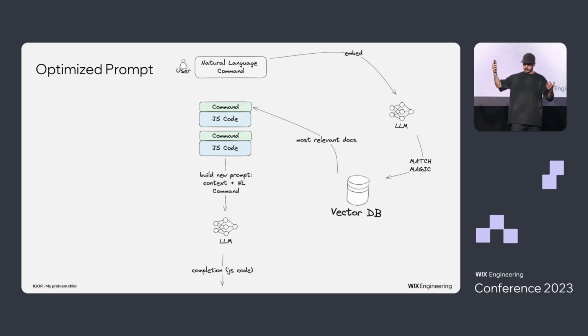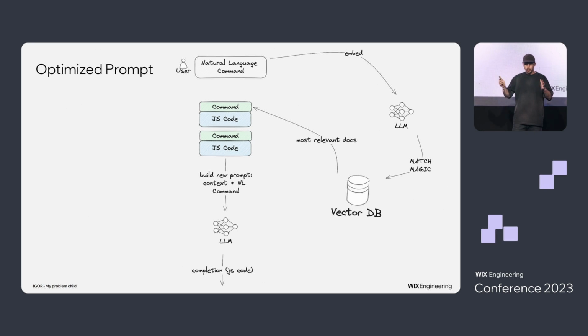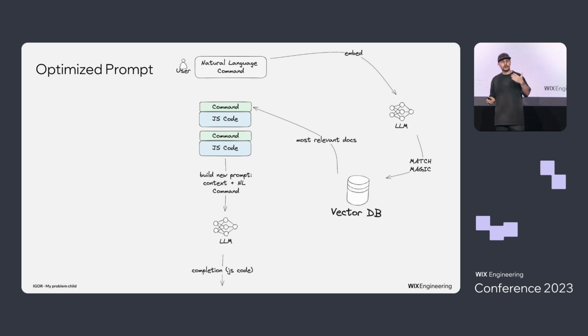You match the input command embedding with the stored embeddings in your DB, and this is how you determine which of the stored documents are the most relevant for the user input. The important thing here is that those relevant documents that you get back would in fact be IGOR's new context now, because they are the most relevant to the user's input.